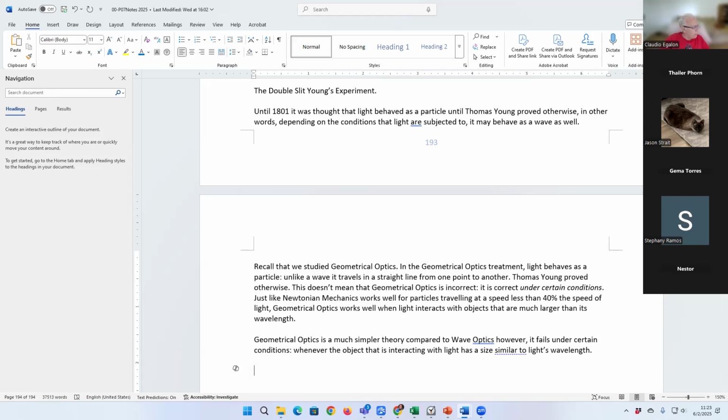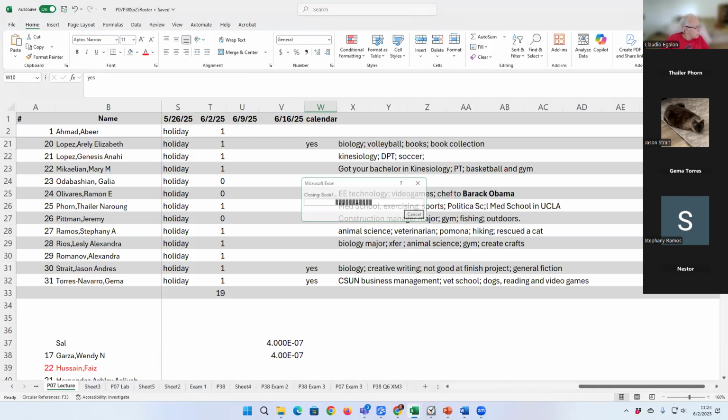Okay, and let me give you an example. A picture, an actual picture of Thomas Young's experiment. Let's see if I can find it here.